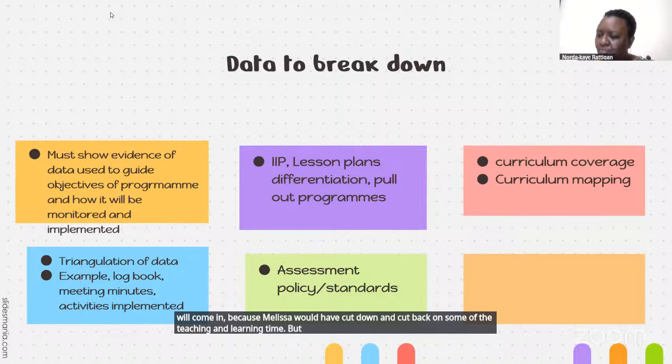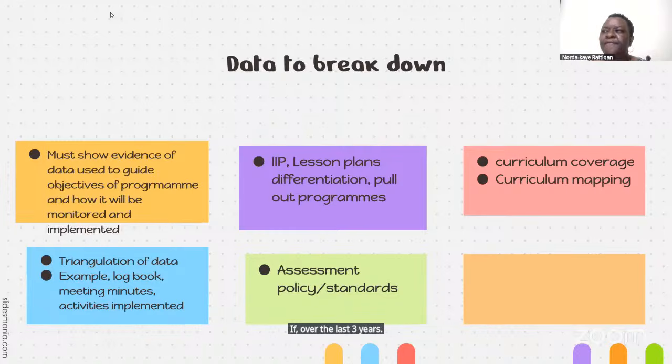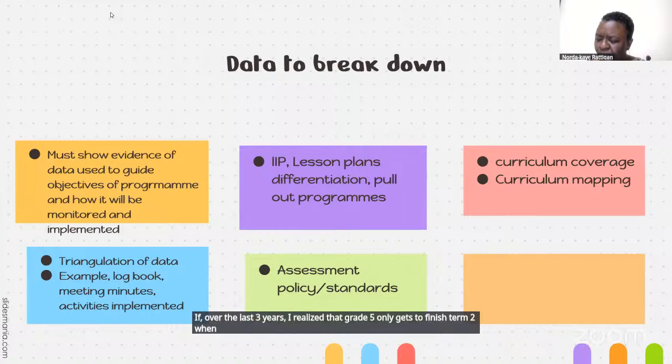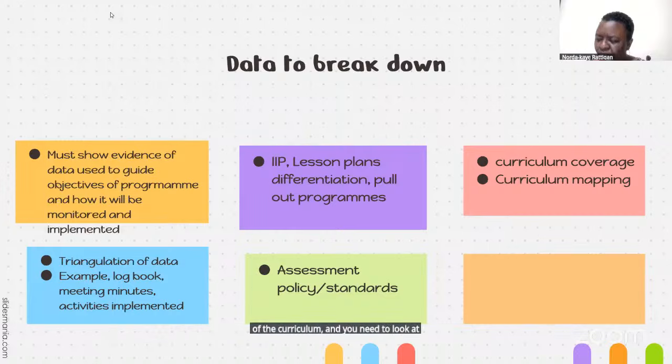But on a regular school year, if over the last 3 years you realize that grade 5 only gets to finish term 2 when June is here, it means that there's something going on with the pacing of the curriculum, and you need to look at what is causing this.